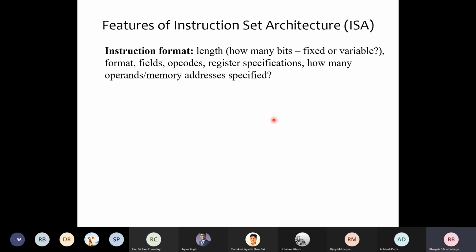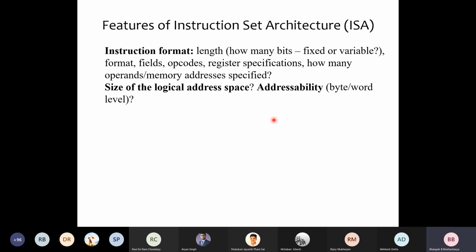How many operands or memory addresses do you want to specify in an instruction? So depending on these issues, the length of the instruction would be determined, right? That would determine the length of the instructions. So when you are designing the instruction set architecture, you have to consider these kinds of factors.